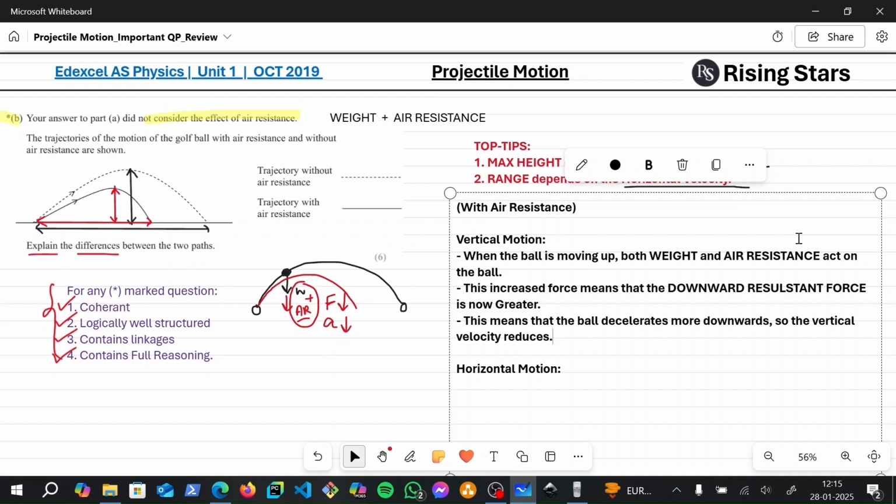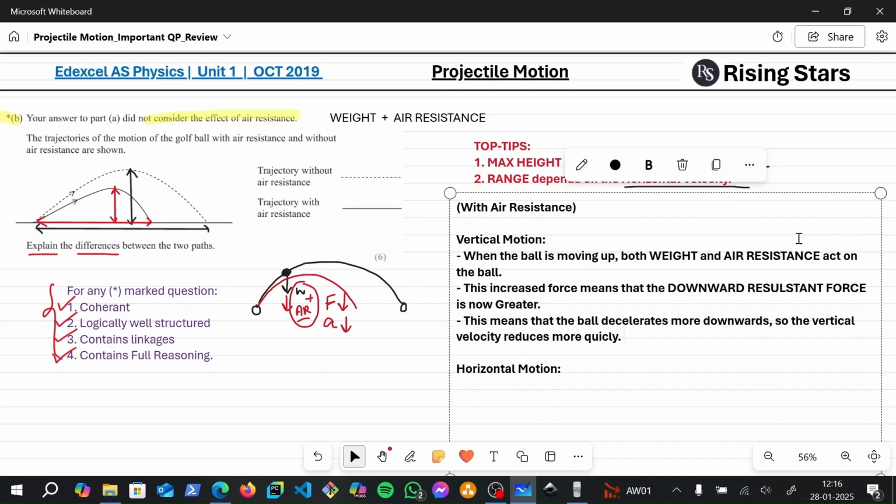Since the deceleration is greater, the velocity reduces even more quickly. We know deceleration means a decrease in speed, so if the deceleration is greater, the vertical velocity reduces more quickly, which is a greater rate of change of velocity. So velocity changes in a shorter time if the deceleration is greater.